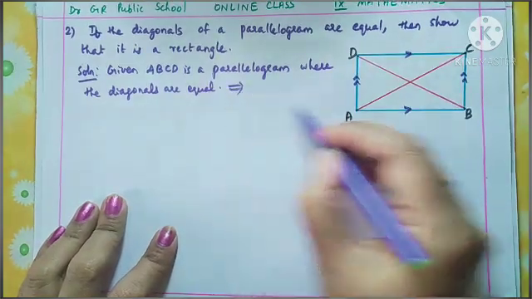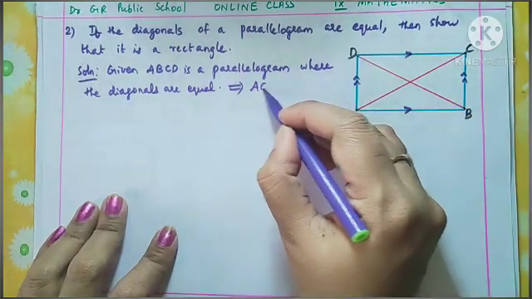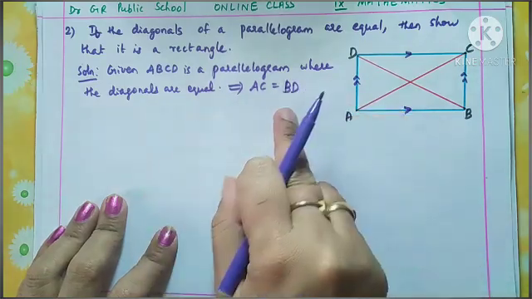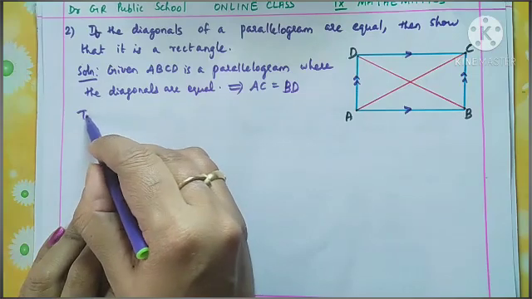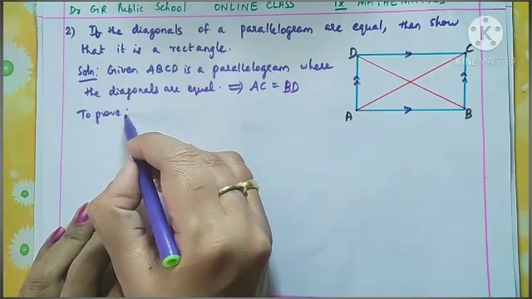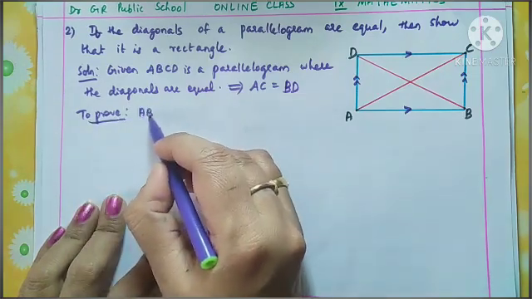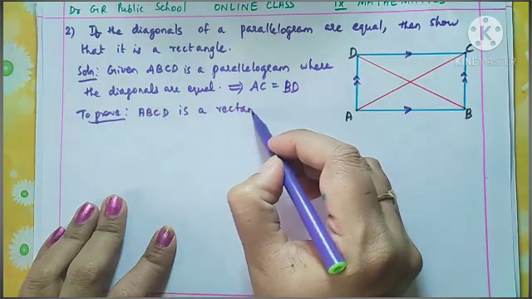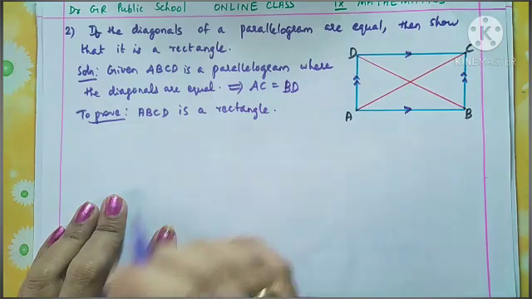That implies, what are the diagonals here? AC is equal to BD. So the diagonals are of equal length. And what do we need to prove? We need to prove this parallelogram ABCD is a rectangle.